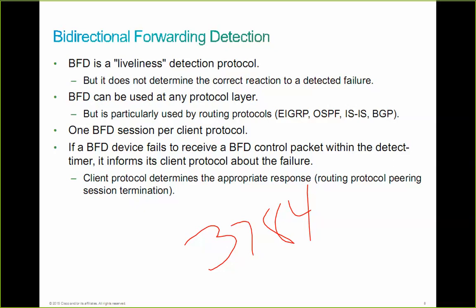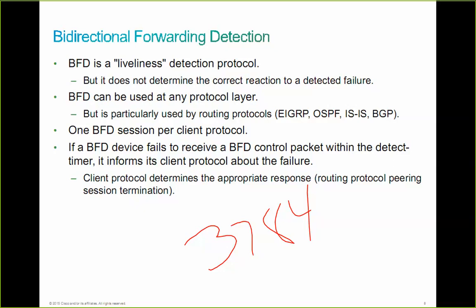After the remote router receives that BFD control packet, there's what we call a session initiation phase. That's the initial step where the routers are trying to establish that BFD relationship. There's a bit that gets set in the BFD packet.